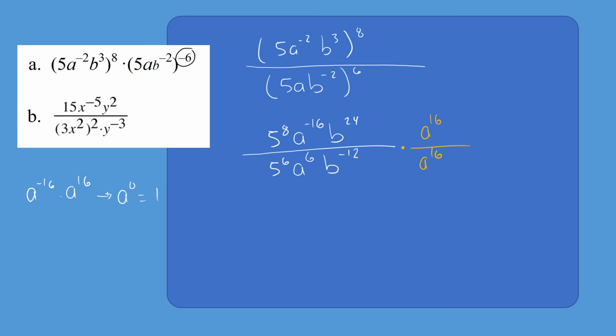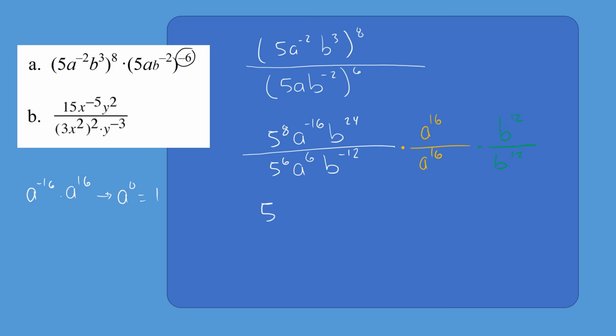There's 12 factors of b to the negative 12th in my denominator. So I can multiply both the numerator and denominator by b to the positive 12th power. Now, when I do that, my expression simplifies considerably.